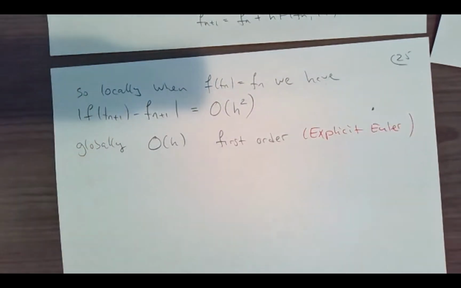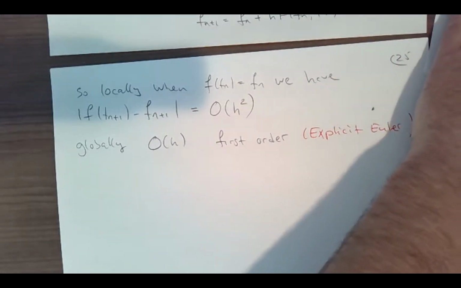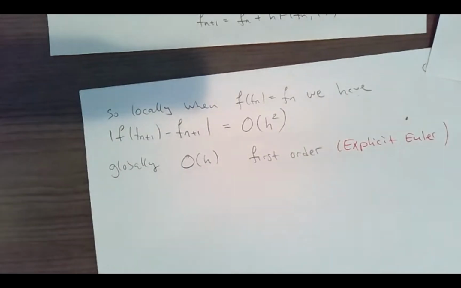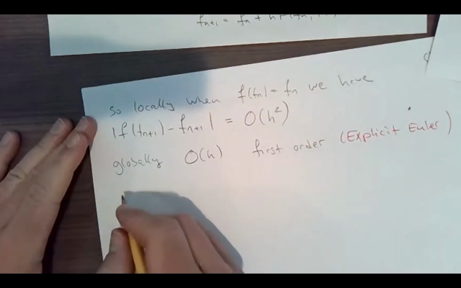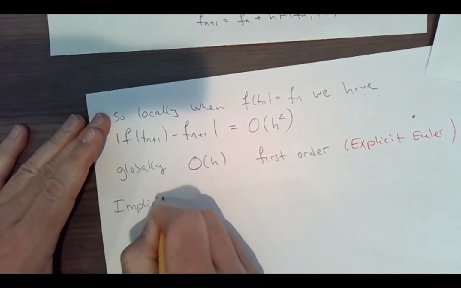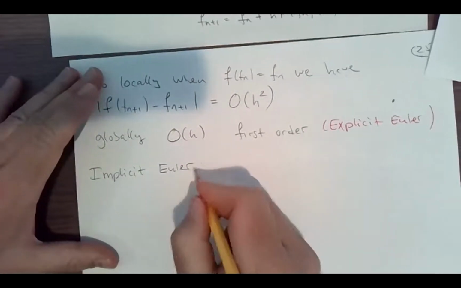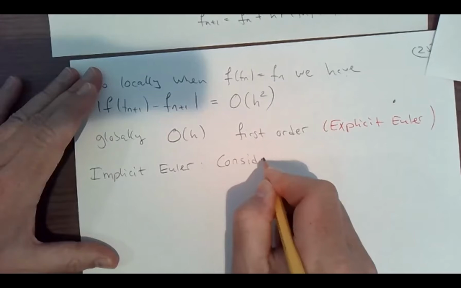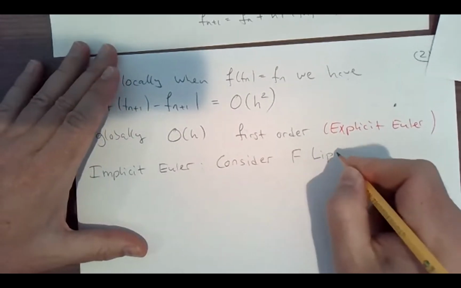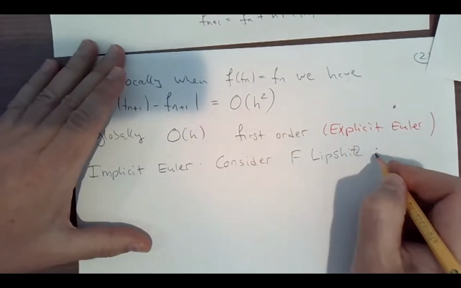We want to do the same thing for the implicit Euler. So now we want to move into the implicit one. Here we need to make an assumption that says consider f Lipschitz. What does it mean to be Lipschitz?